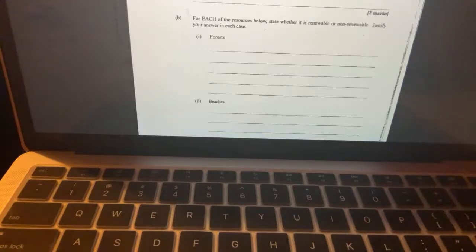And Shori is finishing up non-renewable resource for us there. What about beaches? What type of resource is beach?